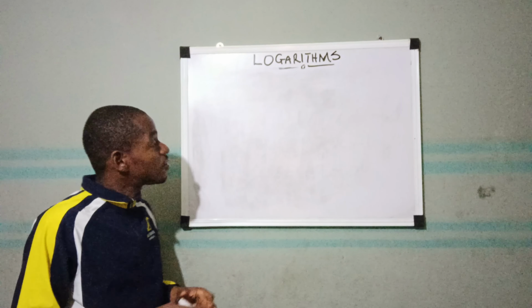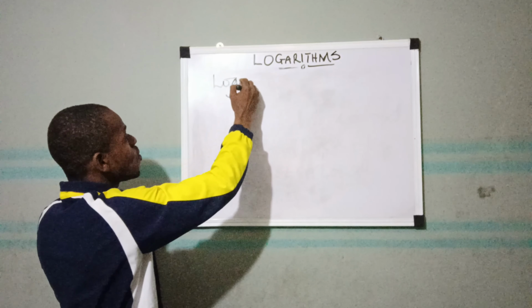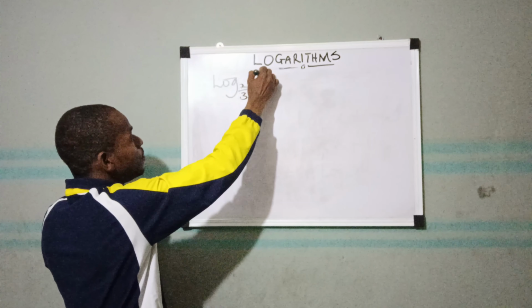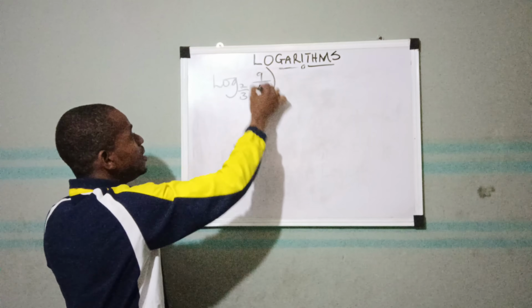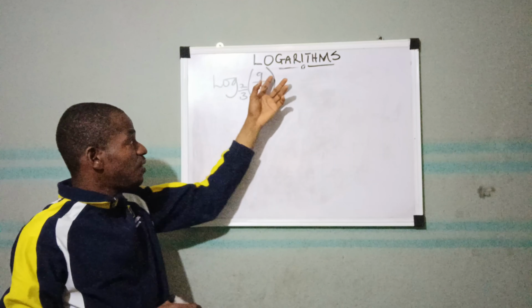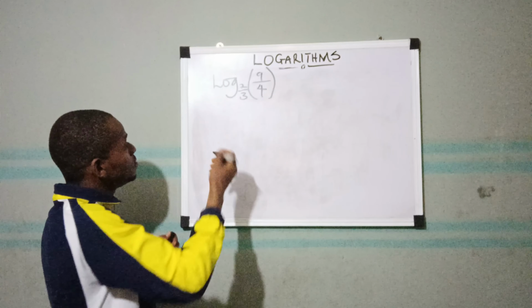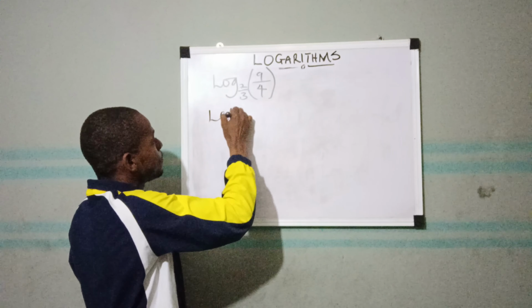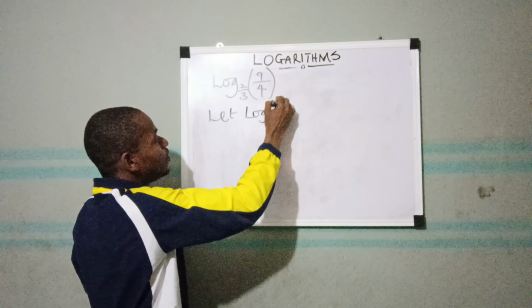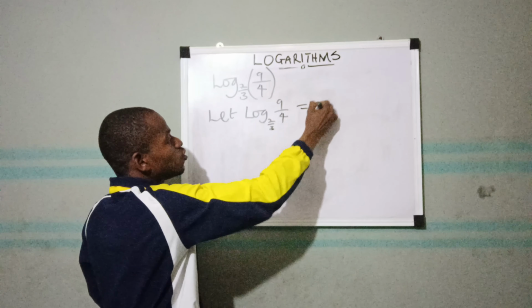Alright, let's take another example. Simplify the logarithm of 9 over 4 base 2 over 3. The same thing, we say let the logarithm of 9 over 4 base 2 over 3 be equal to x.